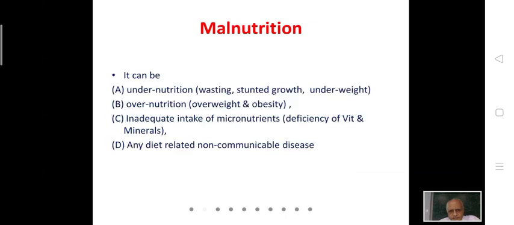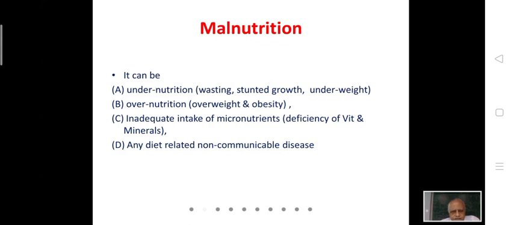Protein malnutrition, what is it? It can be undernutrition, it can be overnutrition, or it can be inadequate intake of macronutrients, and any diet-related non-communicable disease. You see, malnutrition, in case of undernutrition, can be wasting, that means the height to weight ratio, or low weight versus height.